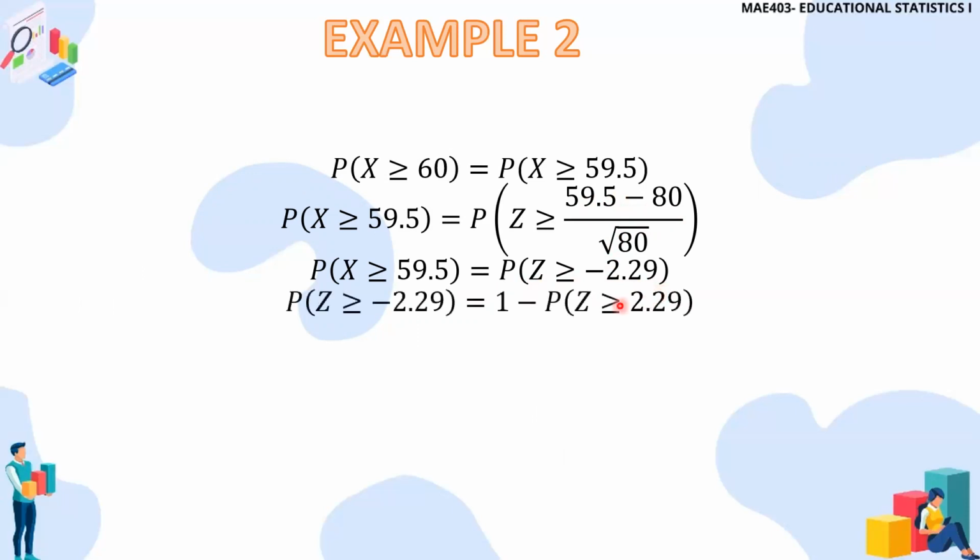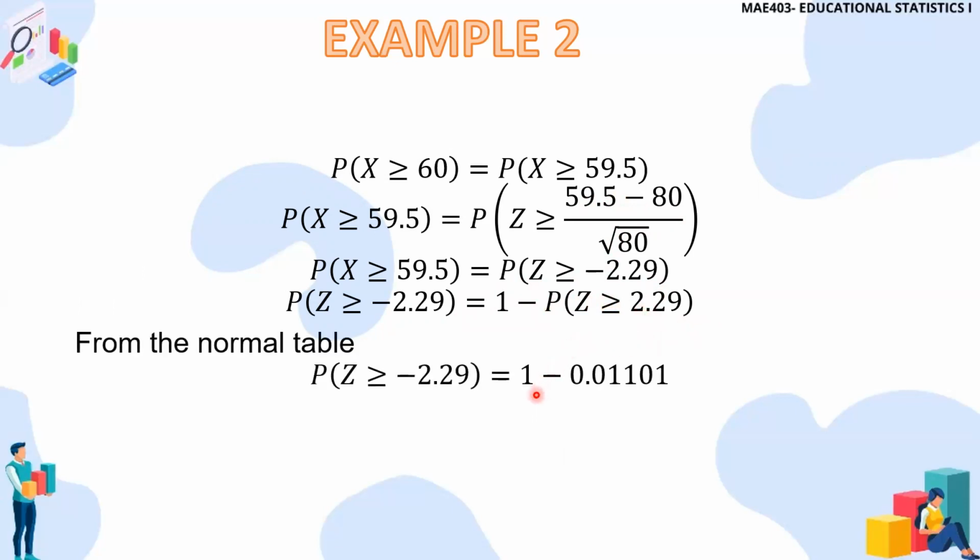Convert to the right side: 1 minus the probability of Z greater or equal to 2.29. From the table, you will find the value is 0.01101. So the total area is 1 minus 0.01101. So the probability of having customers greater or equal to 60 is 0.9890.